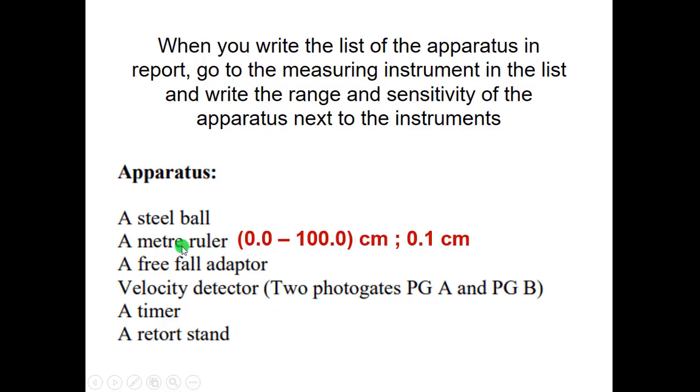For example, if you are going to use a meter rule in a particular experiment, note down the range and also the sensitivity of the meter rule. If you are going to use a timer, also note down the smallest unit that can be read from the digital scale.